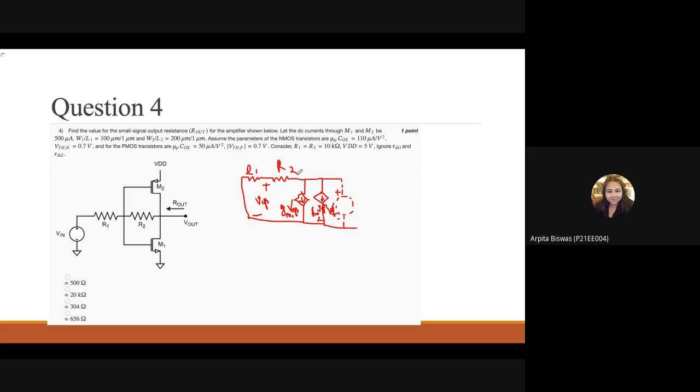Okay, so let's calculate gm1 and gm2. Tell me the equation to calculate gm1.